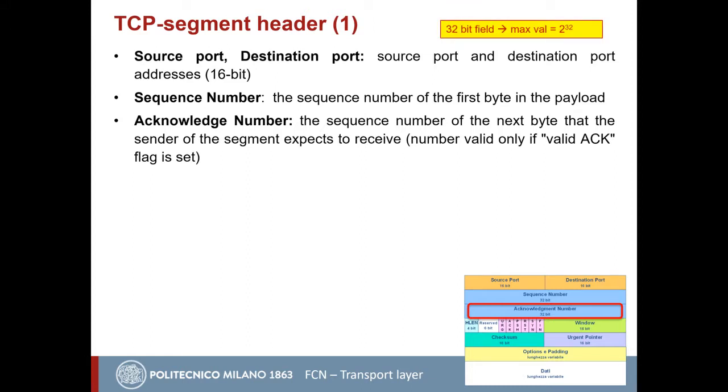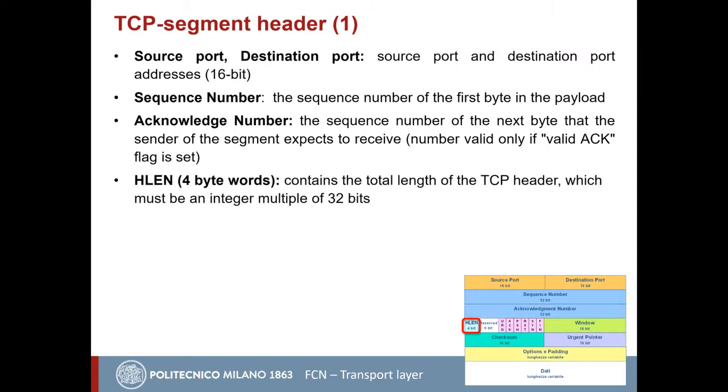32 bits means that this numbering system can go up to 2 to the 32, which is a very large number. Header length is a field of 4 bits that contains the total length of the TCP header, measured as a number of 32-bit words. Okay? So if the value of header length is 5, it means that you don't have the option fields.